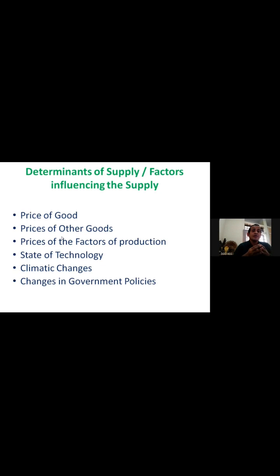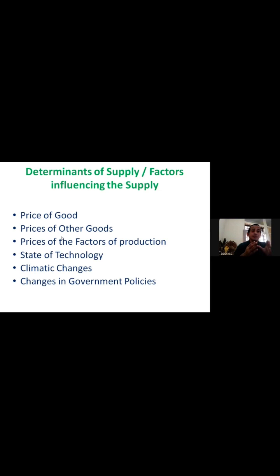Or, in the factors of production, if any company adopts a modern, advanced technology and due to that their production cost comes down, they will be encouraged to produce more.